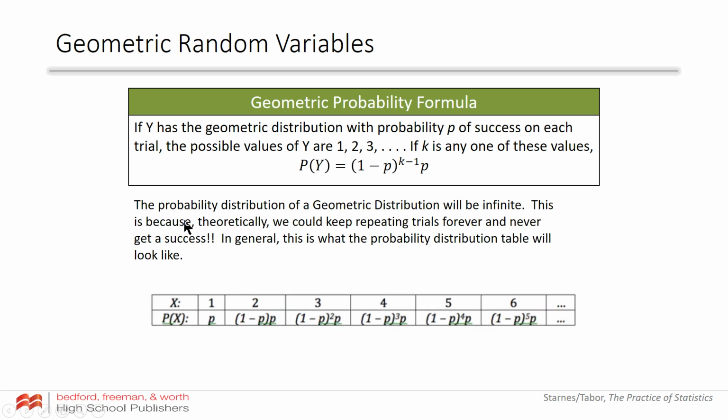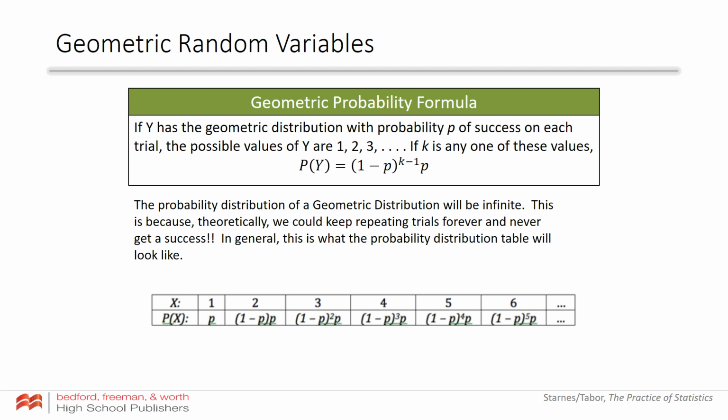But like we said, the probability distribution table that you can see below is actually infinite. You can see at the end I have this dot, dot, dot, because I could have my first success happen on the first trial, the second trial, the third trial, the fourth trial, the fifth trial, the sixth trial. And although it's very, very improbable, theoretically, I could keep rolling and rolling and rolling the die and never get a 3, right?